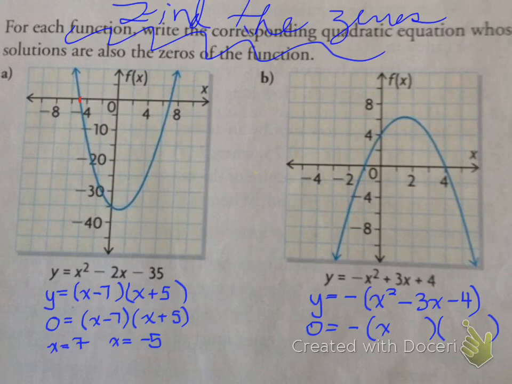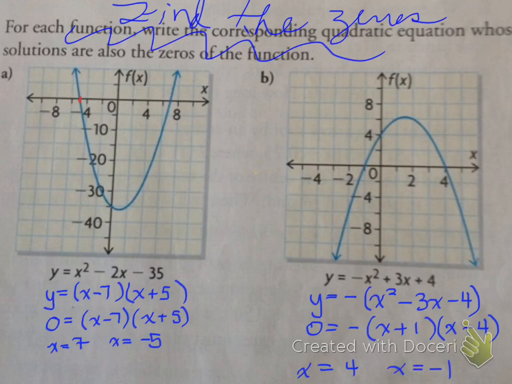So what two numbers multiply to give you -4 and add to give you -3? That's right, -4 and +1. -4 and +1 are our factors. What are our roots? Well, x equals -1 and x equals 4.